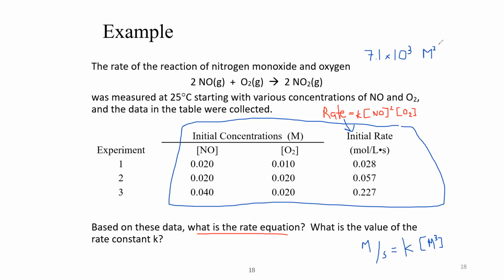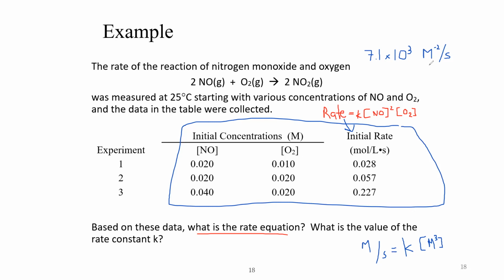But since this is third order, what we're going to see, oops, should be -2 there, is that the unit is going to be molarity to the -2, or you could have 1 over molarity squared times seconds. The reason we have that is when we take this rate constant and multiply it by the concentrations, in this case one of them is squared, that'll give us molarity over seconds.